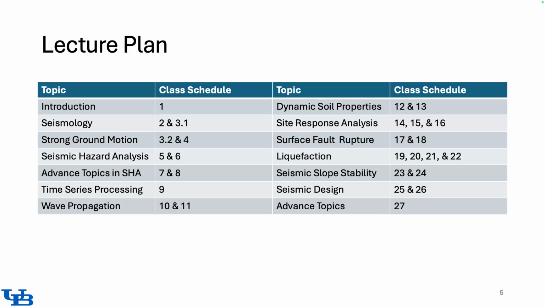Then different types of geohazards, such as surface fault rupture, where tectonic deformation imposes additional stress on our structure, liquefaction, and slope stability. Then we see how this is covered in seismic design, ASCE 7-22 as an example, and depending on how the schedule goes, we can also devote a class or two to advanced topics.